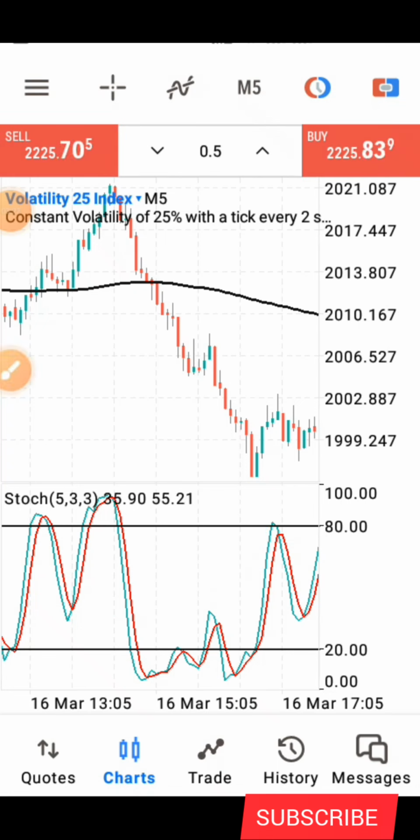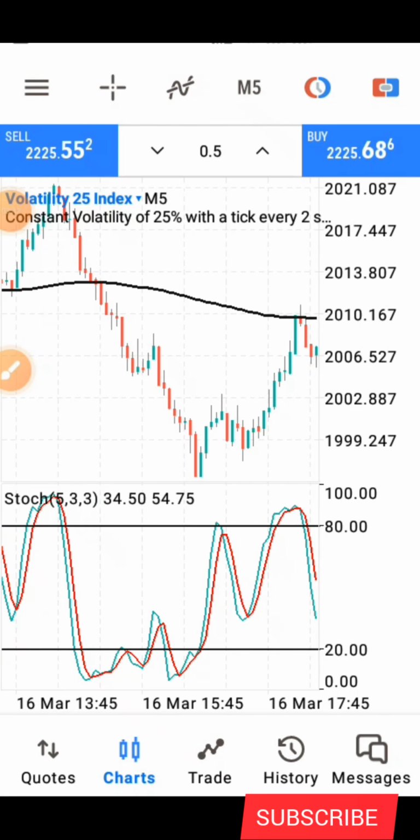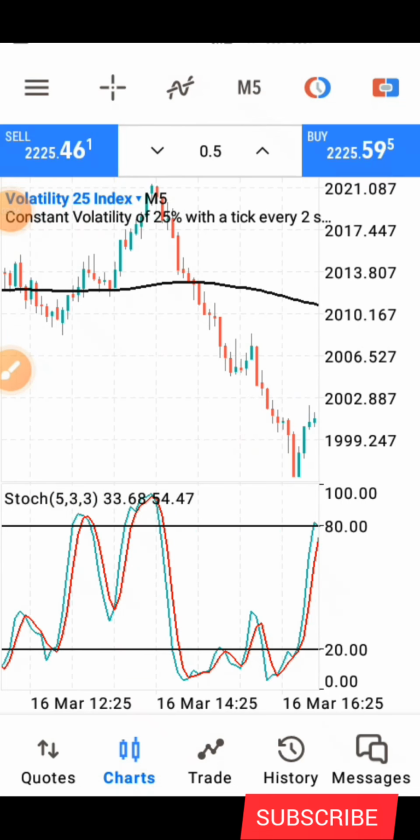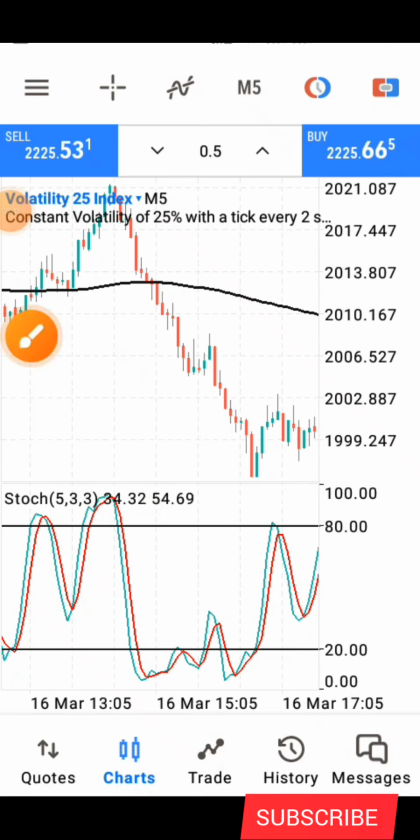Now let me share with you the way you should trade with this strategy. It's very simple, guys, very simple. This is the way you have to make your analysis.